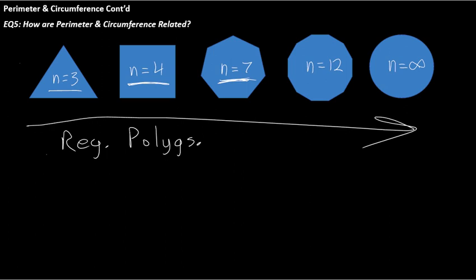I believe it's a dodecagon. Anyway, a 12-sided polygon is called a dodecagon, and this is a regular dodecagon because all 12 sides are the same length. This one here has infinitely many sides, or infinite vertices. It's an infinitely sided regular polygon, aka a circle.